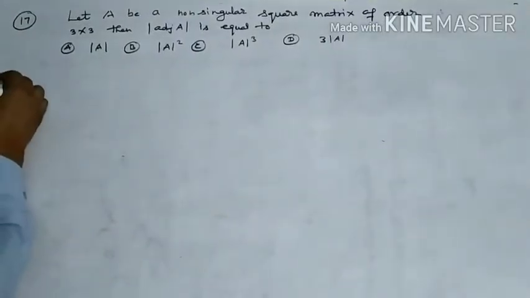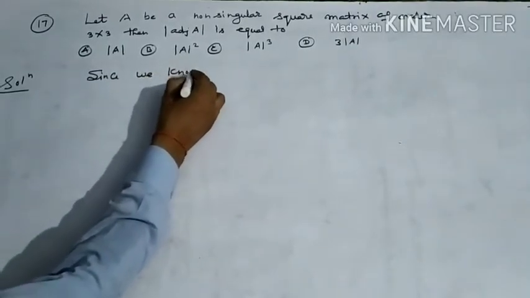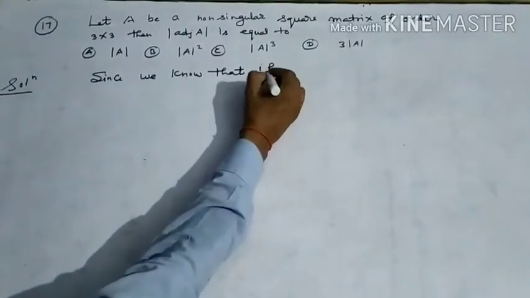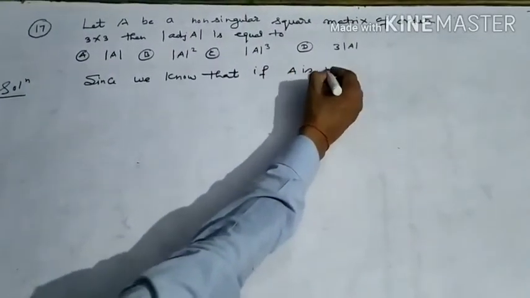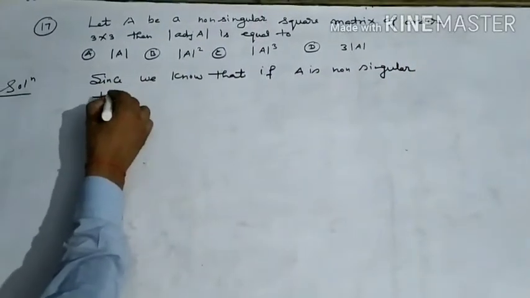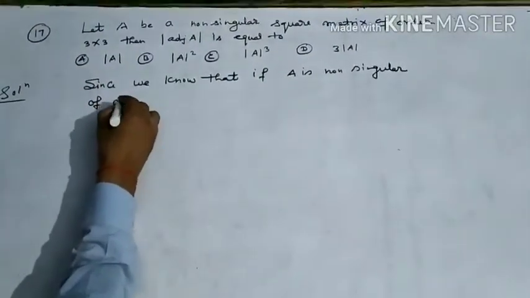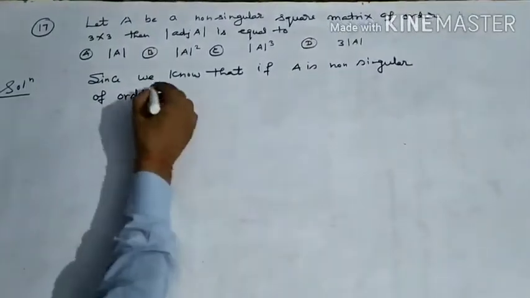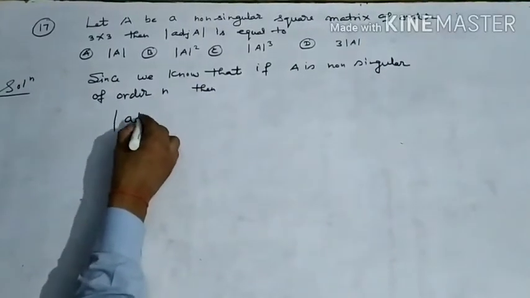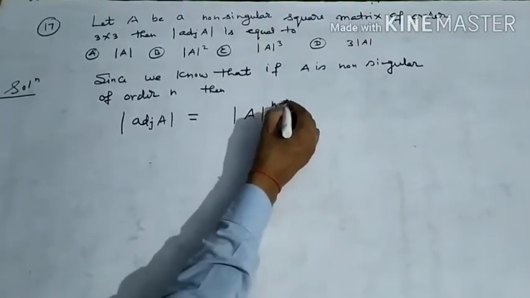Solution: if you see, since we know that if A is a non-singular matrix of order n, then determinant of adjoint A is equal to determinant of A power n minus 1.